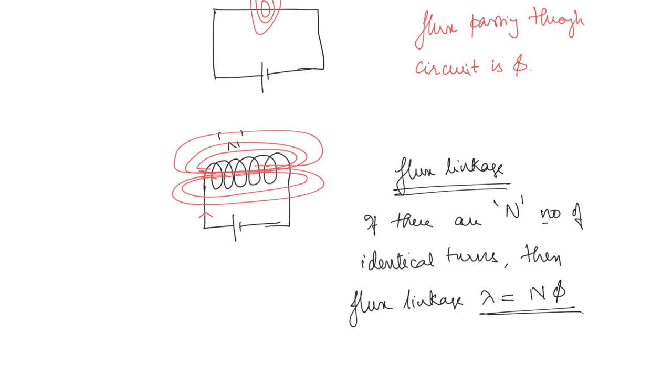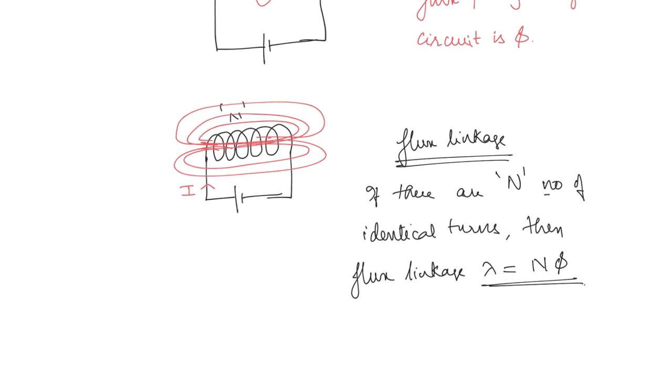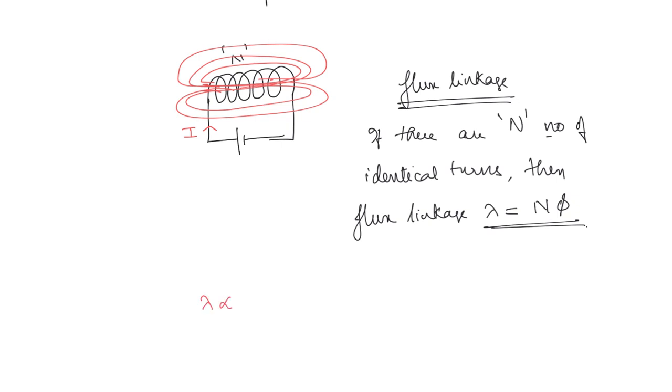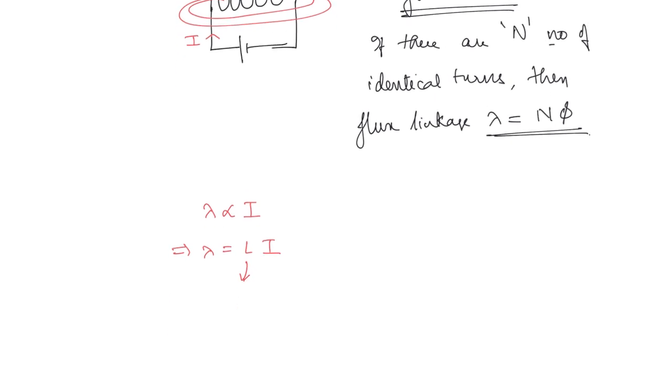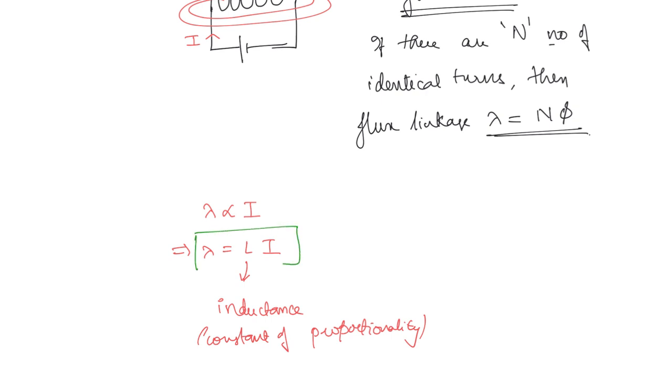So if the current passing through this is I, then the flux linkage is proportional to I. Lambda is proportional to I. Here the constant of proportionality is L. This is nothing but the inductance associated with the coil. So this expression here is important.